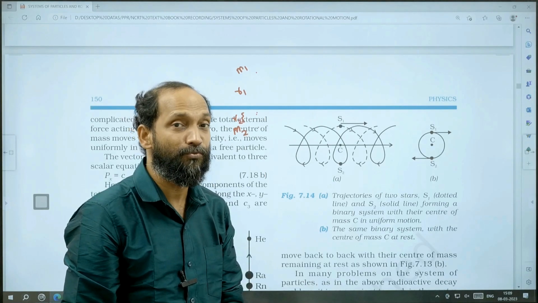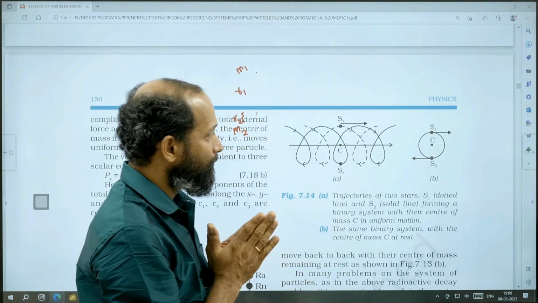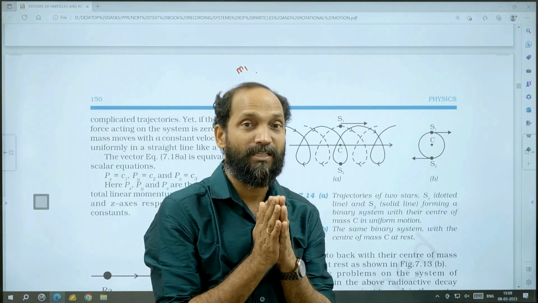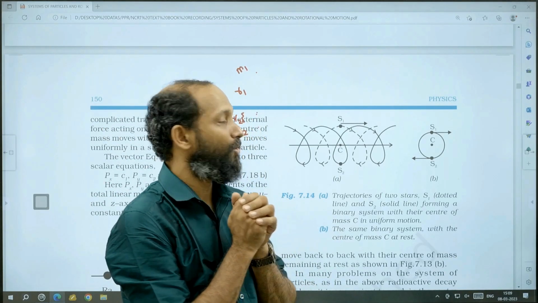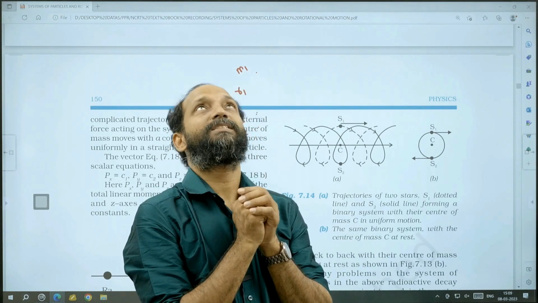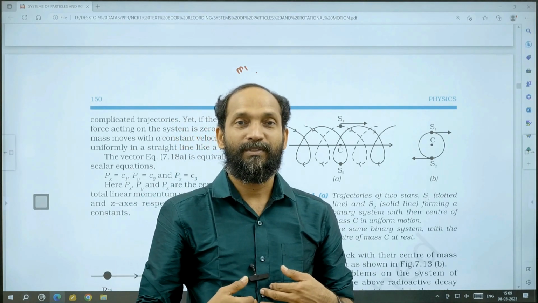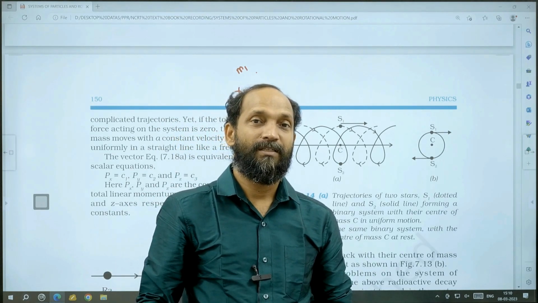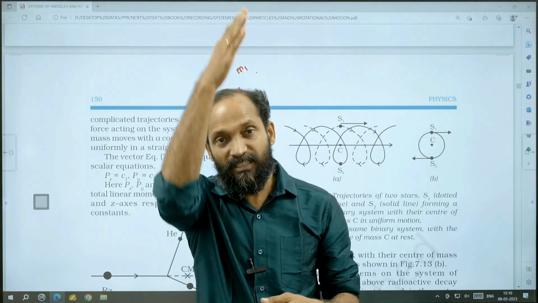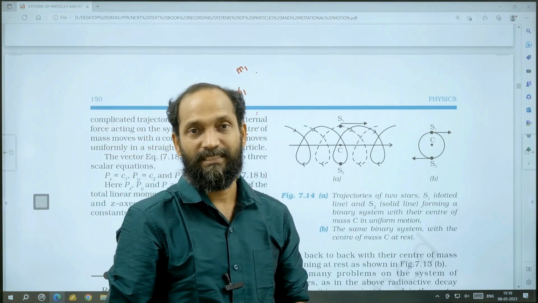But when you look at it from the center of mass frame, you are at the center of mass of the stars, and you are watching the stars. One star is above, then the other star is below, and you are at the center of mass. S1 and S2 will all be in the same line. So it is very easy to analyze.